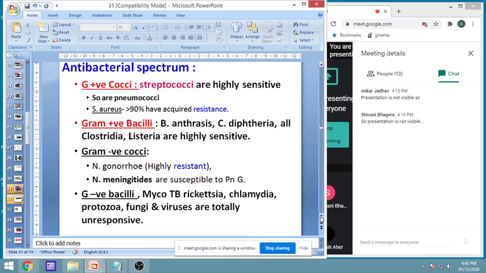Therefore, if you remember in our first lecture, the introductory lecture on basic principles, nowadays many hospitals have their in-house microbiology unit. They go for culture testing, they check which kind of microorganism is there, they study the culture, and the next thing they do is sensitivity testing, that is, which microorganism is sensitive to which kind of antimicrobial agent.